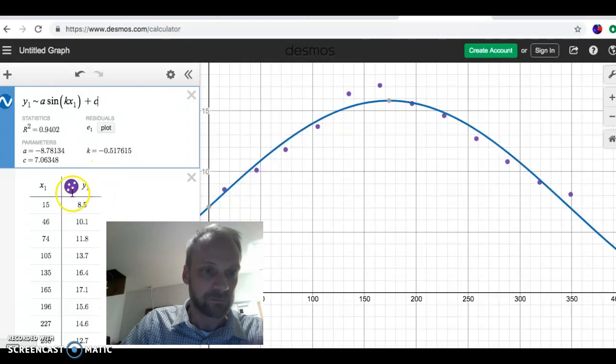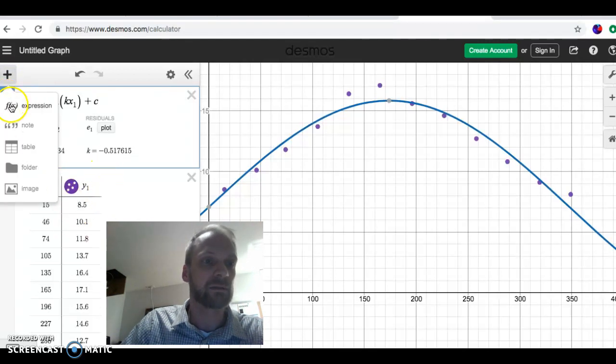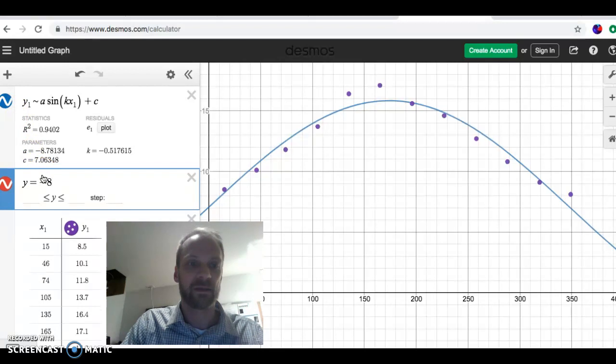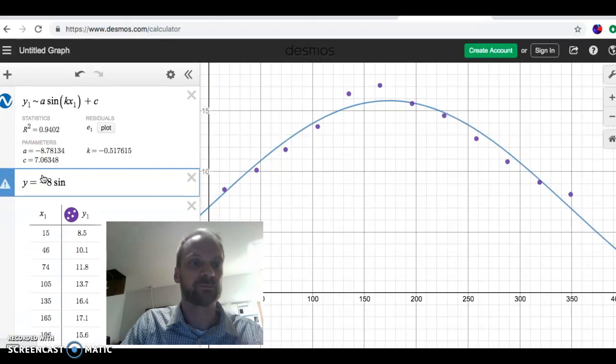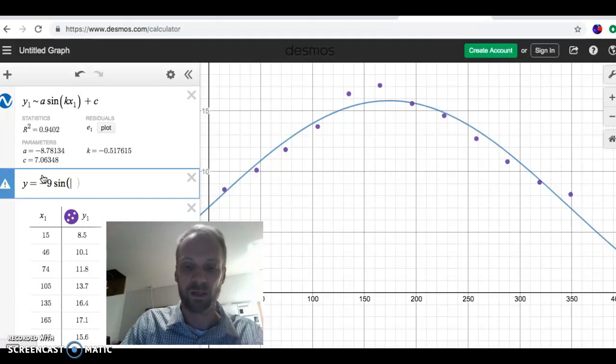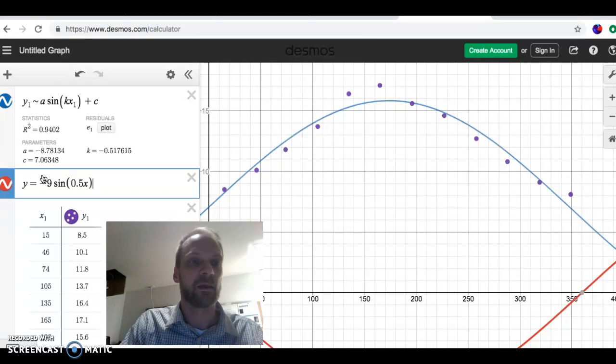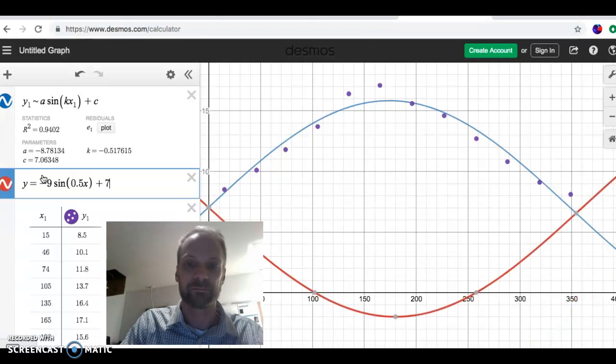So if I was to make a formula, let's insert an expression here, and I wrote y equals negative 9 sine 0.5x plus 7.